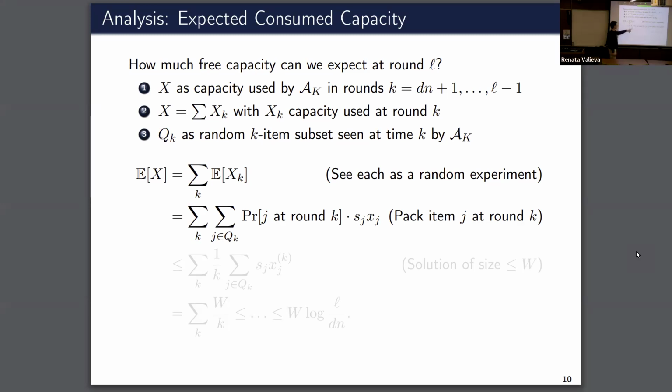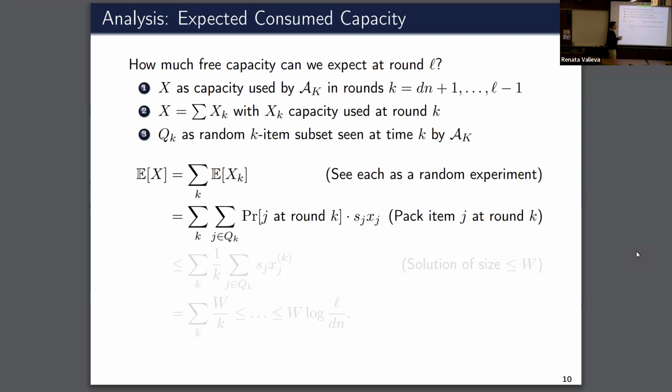For a fixed item of this subset, we consider the probability item J is revealed at round K. Then what we do is to pack item J according to fraction Xj.